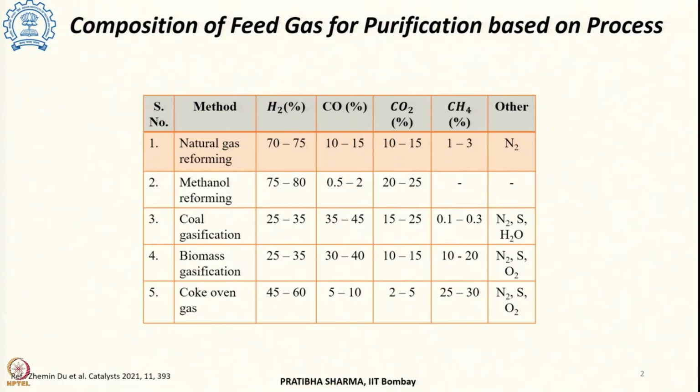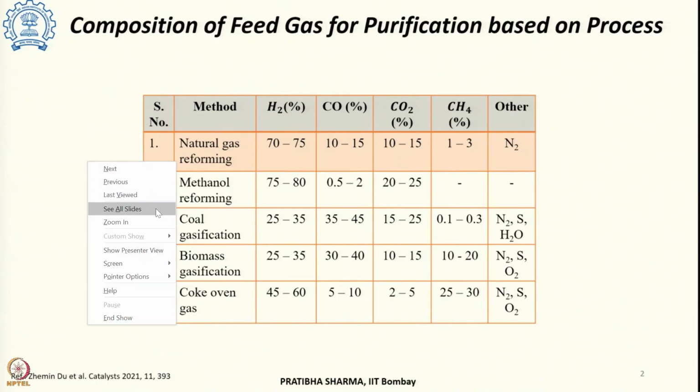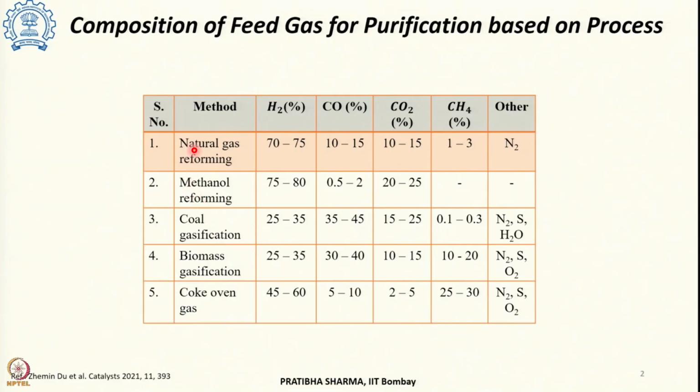Next is the methanol reforming process, coal gasification process, biomass gasification process, and coke oven gas. These are the different methods by which hydrogen can be produced. You have already studied these processes.